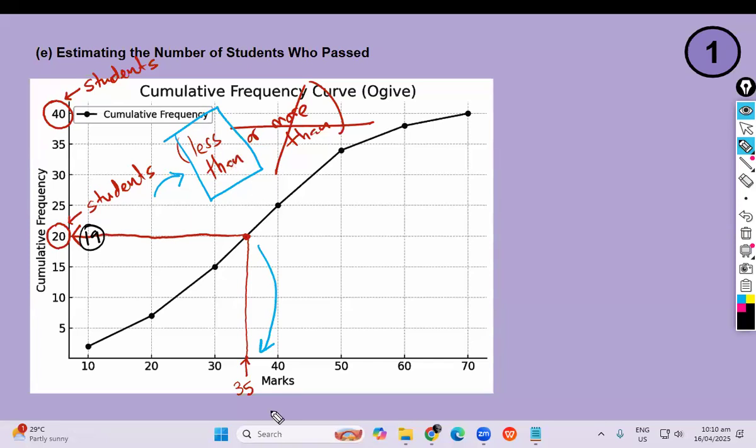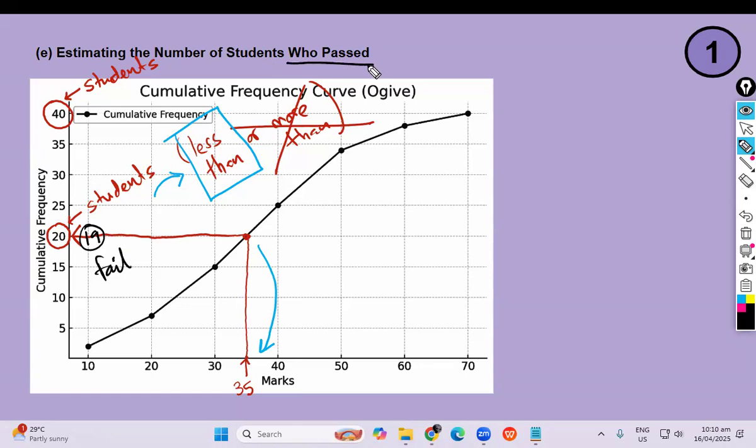Quick question. If the y-axis only tells us less than, did those 19 people pass the exam or fail the exam? I know the grammar could be a little tricky. Let me read back that sentence: 19 people got less than 35. So these 19 people failed.